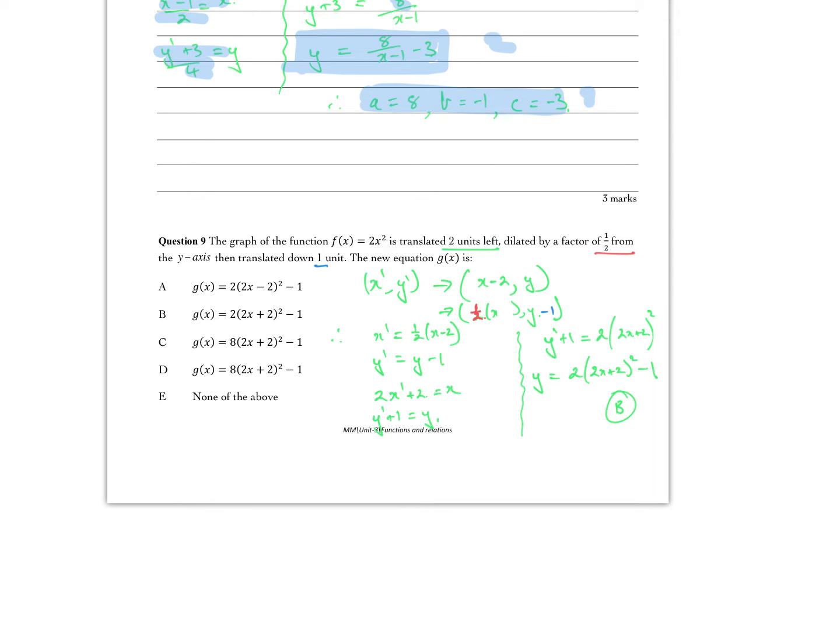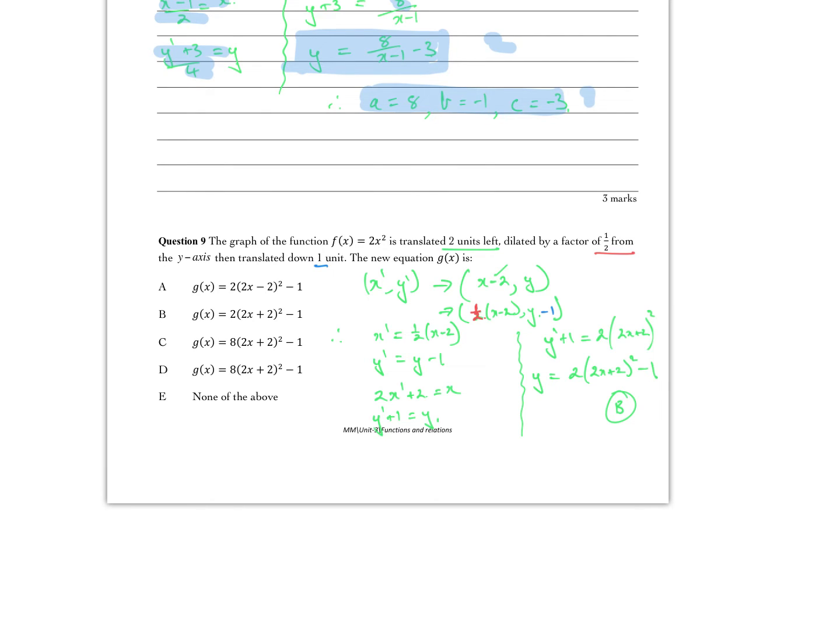So if I go 2 units to the left, I take away 2 from the x coordinate, dilate by a factor of half from the y-axis, as my x coordinate gets affected as well. And then if I move 1 unit down, I subtract 1 from the y value.